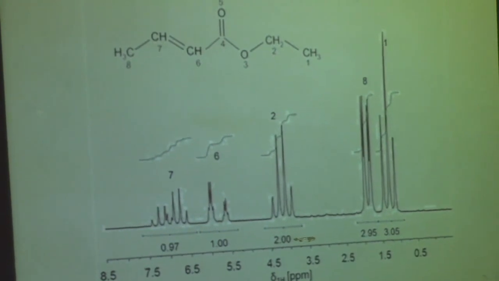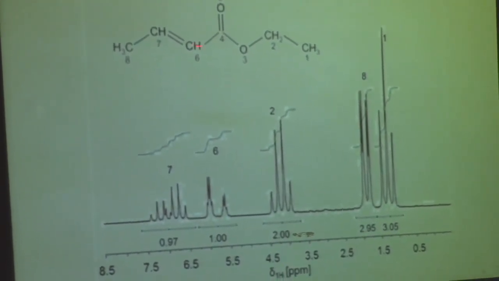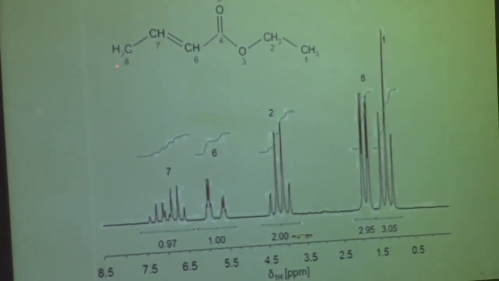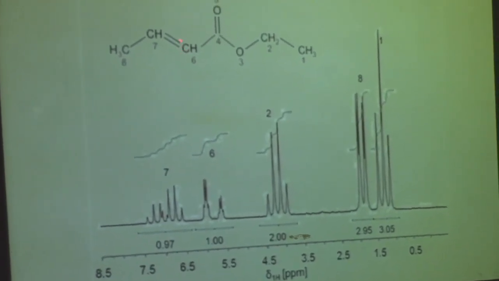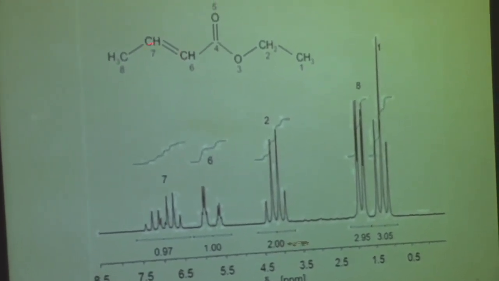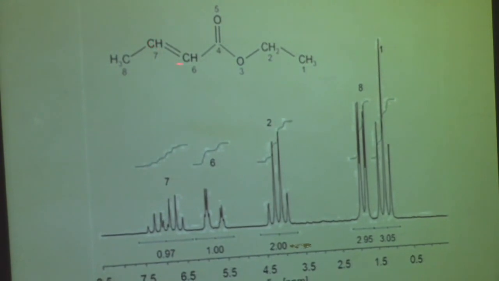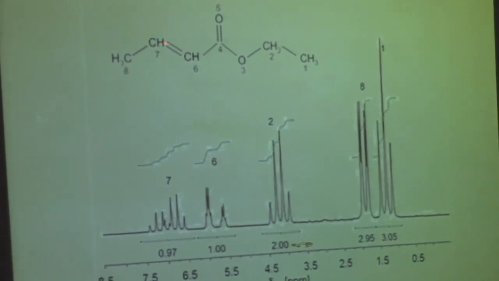This was clear, and here of course it gets very complicated, but we can say that the CH group number 6 will have a strong coupling with the CH group number 7, so we expect that to be a doublet, because the proton 7 can be up and down, so the transition here will be split into a doublet. And then there will be a small coupling to the CH3 group.